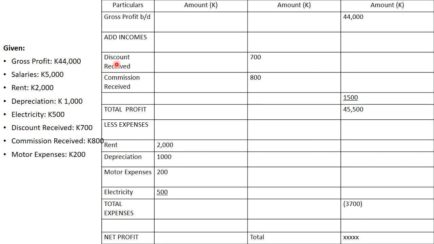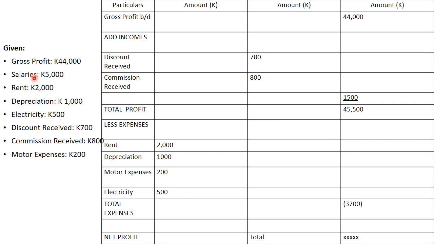Okay, discount received at 700 and commission received at 800. We add them, we get 1,500. Now these total incomes, we add them to the gross profit, we get the total profit, which is 45,500. Okay, now we subtract the expenses, less expenses.